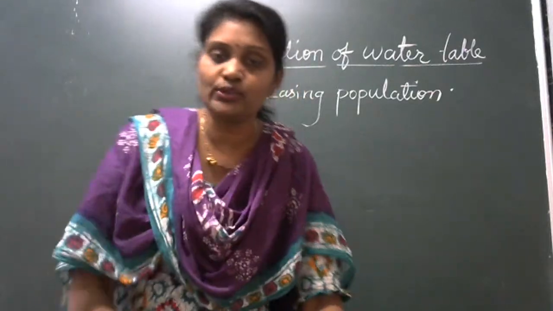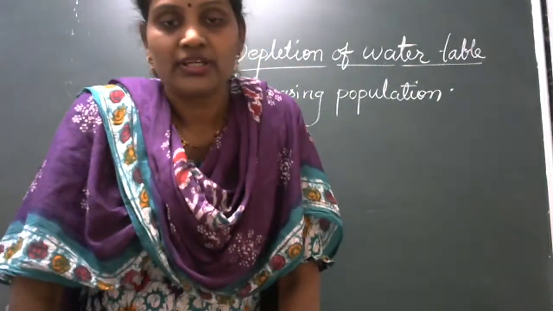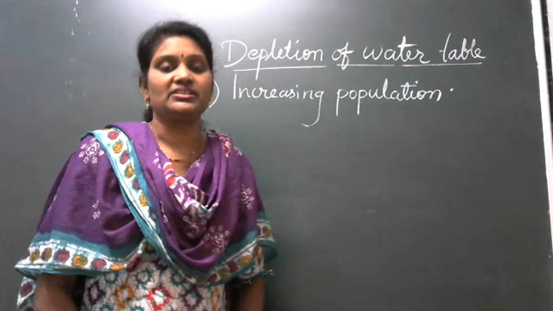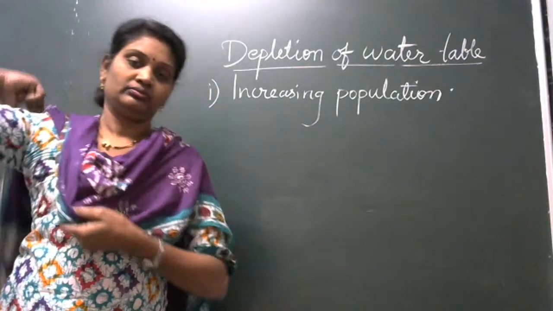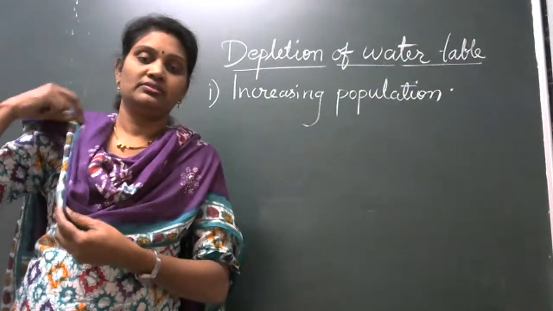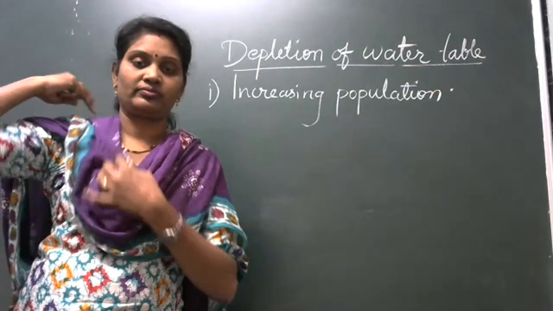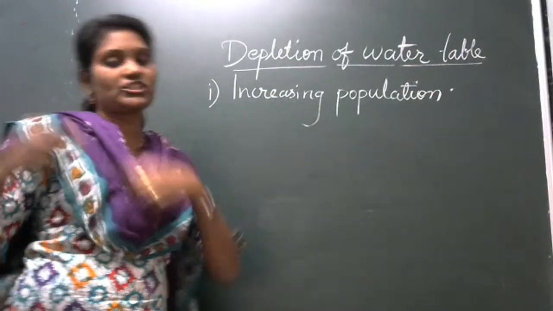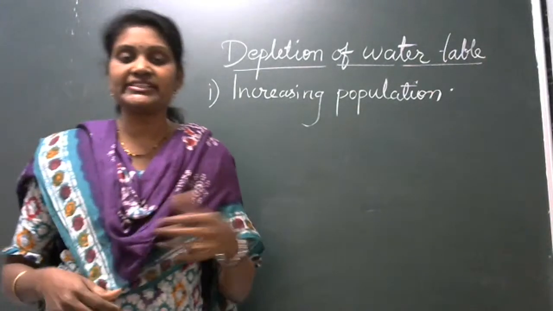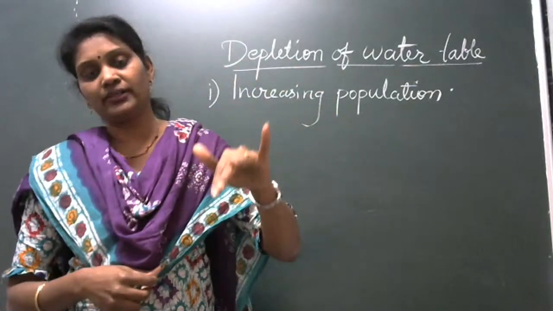First point is clear to you all? If it is clear, then you can write down C. Yes, if it is clear to all, write down C. First point, so increase in the population increases the water depletion.